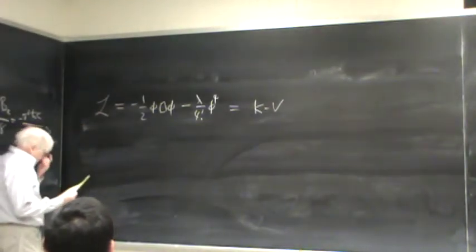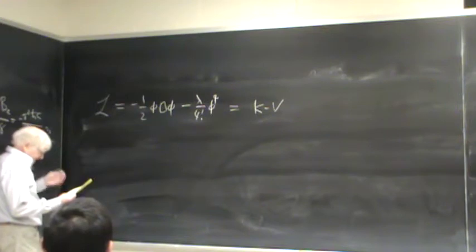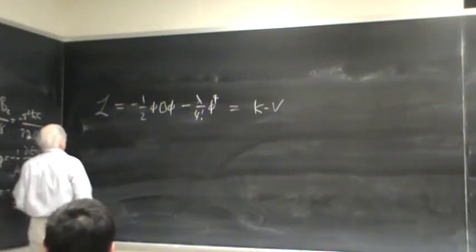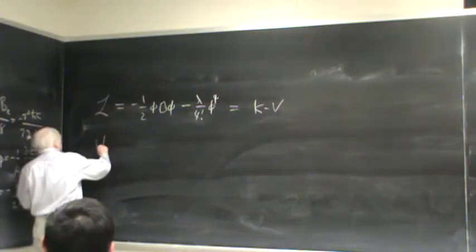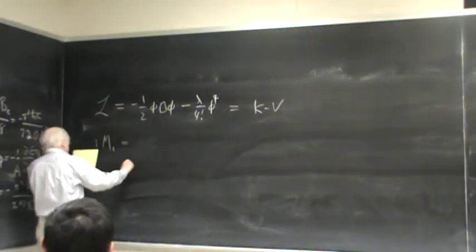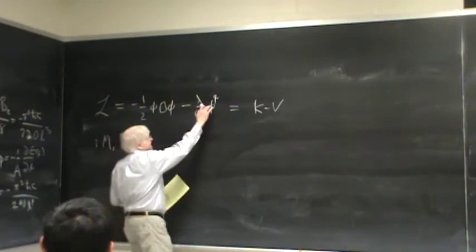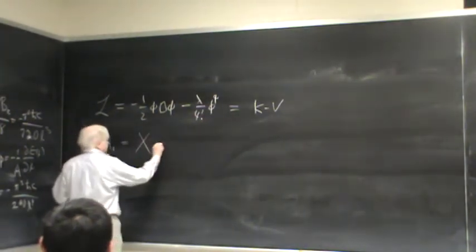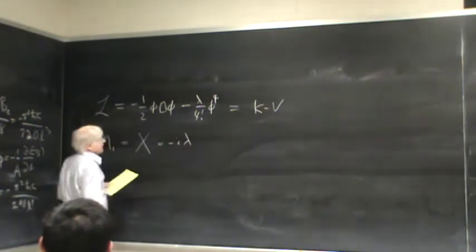Okay, so what are the diagrams if we're, say, doing scattering? Well, the lowest order is from this vertex here, and it's this Feynman diagram, and the value, which is minus i lambda.